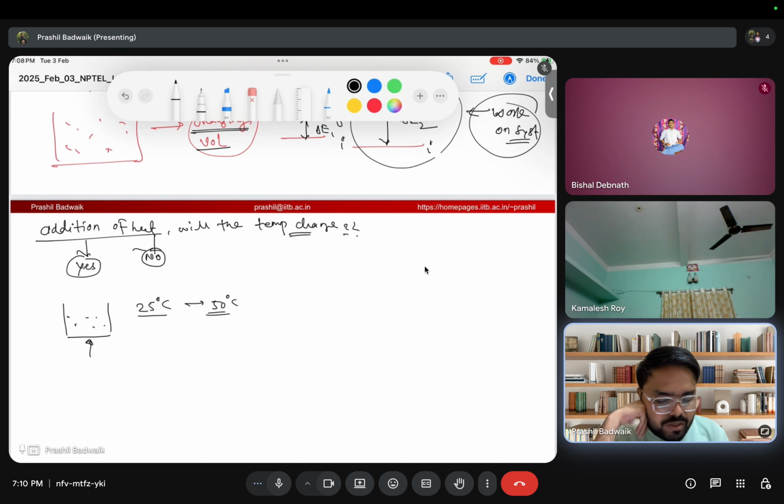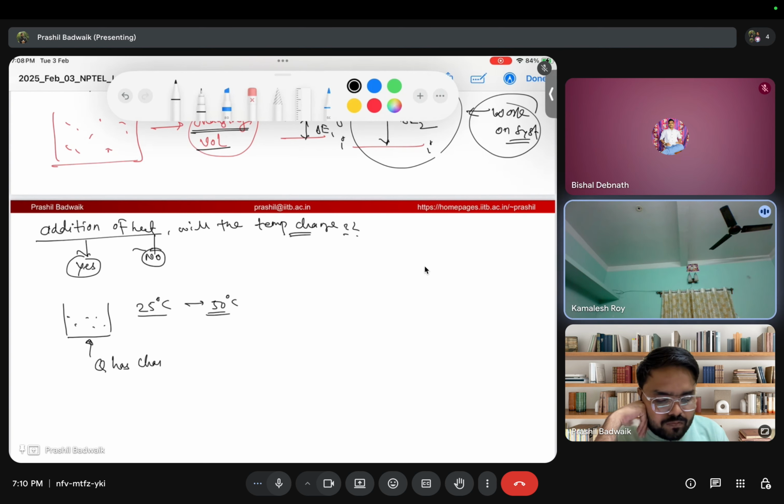So what has happened? Addition of Q has changed the temperature. But will it happen every time?